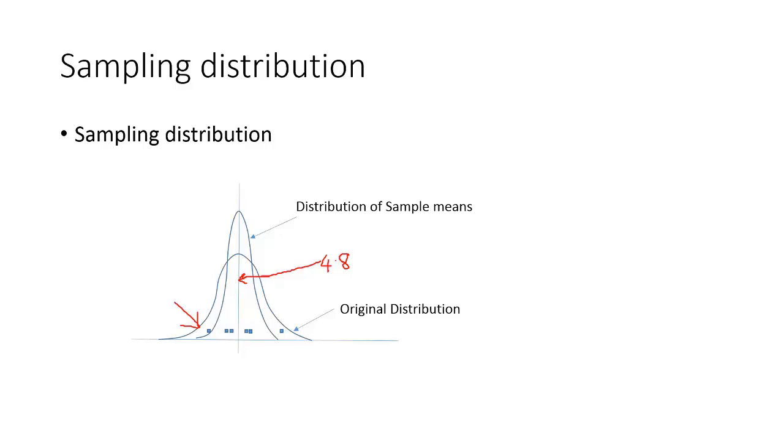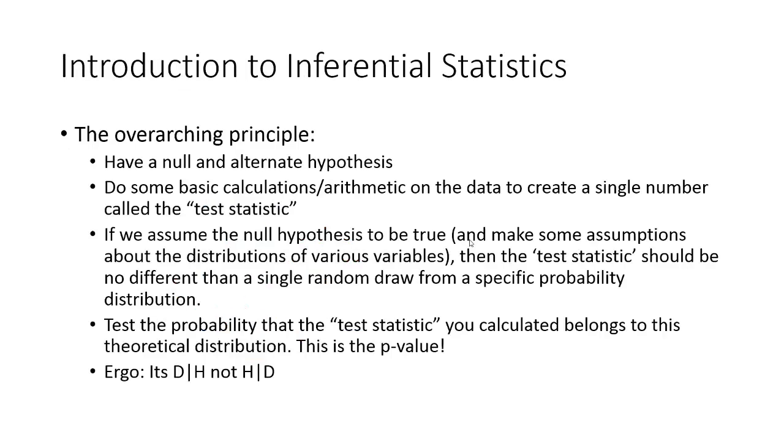If all of that is true, then we want to do certain things such that you will get another new distribution. You'll be doing some math with these data points that you got from the sample. You'll do that math such that the test statistic would be no different than a single random number that you draw from a very specific probability distribution. If that is the case, then you test the probability that the test statistic you calculated belongs to this theoretical distribution.